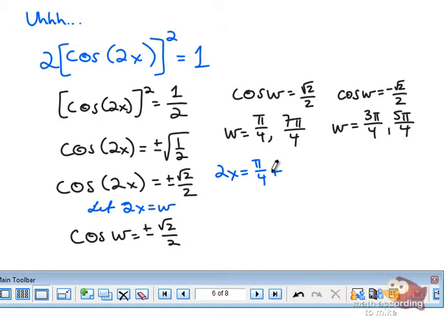In terms of radians, pi over 2. So as degrees, they would differ by 90 degrees. In terms of radians, they differ by pi over 2 radians. So we can summarize all 4 answers as pi over 4 plus pi over 2 times k.